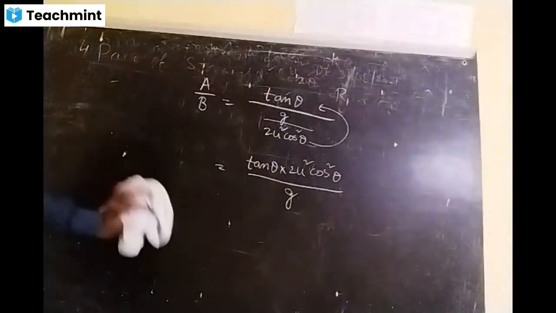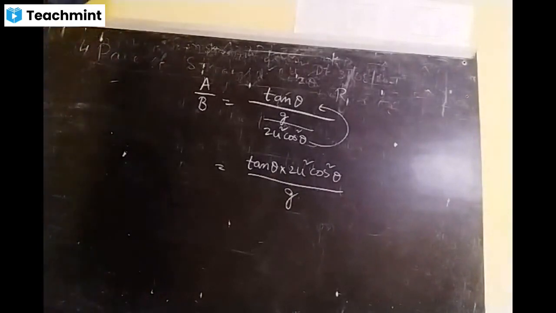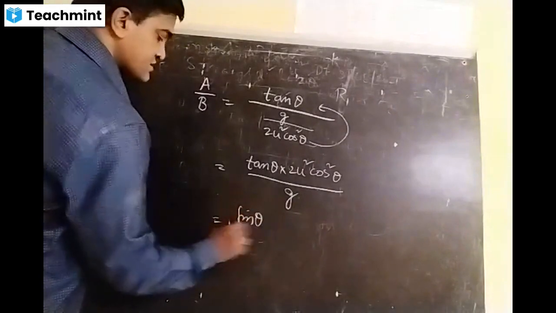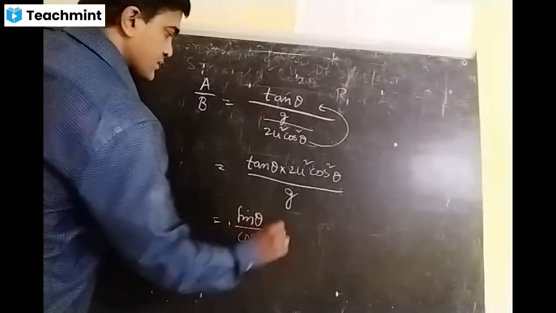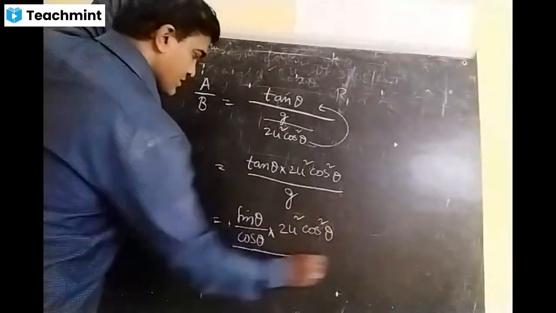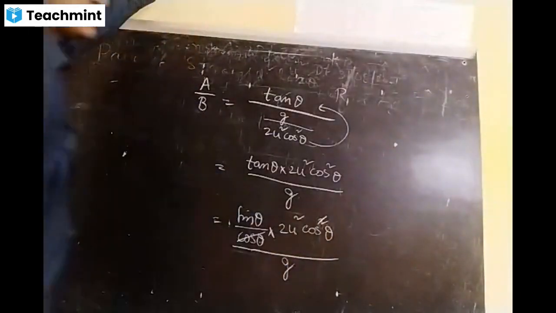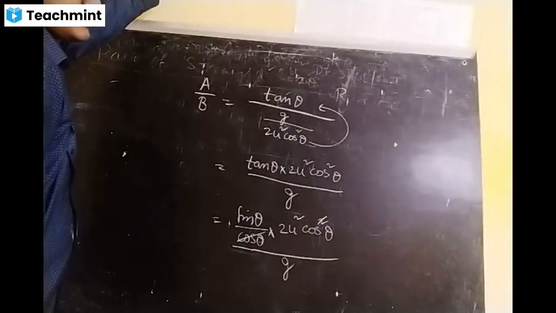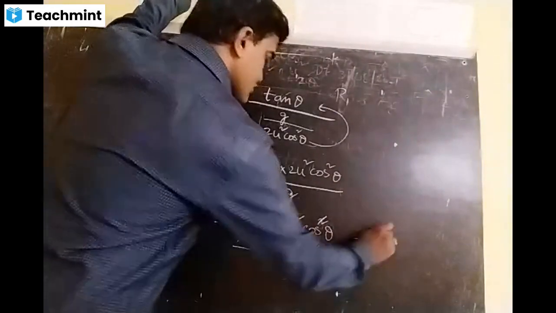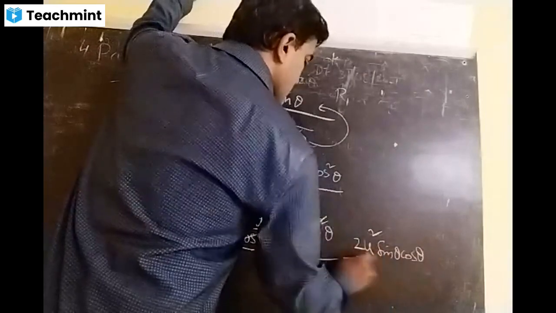Now, what is the value of tan theta if you want to express it in terms of sine and cos? Sin by cos. So let me write tan theta as sin theta by cos theta into 2u square cos square theta by g. Now one cos theta gets cancelled. What is remaining? 2u square sin theta cos theta by g.